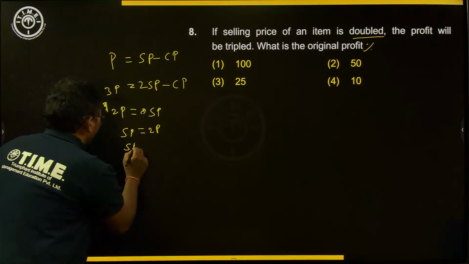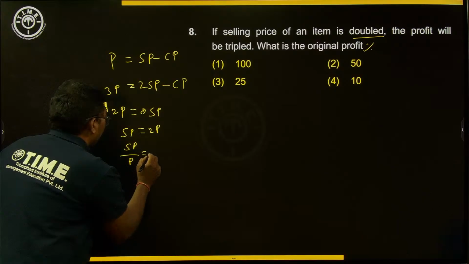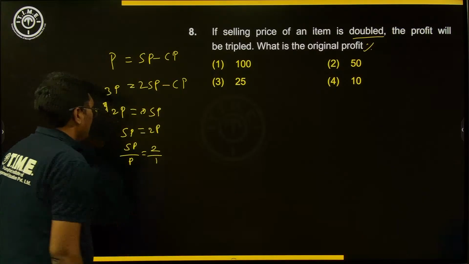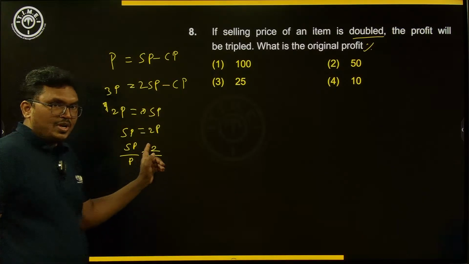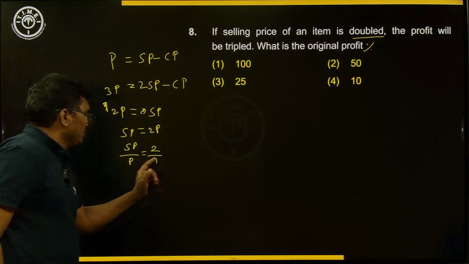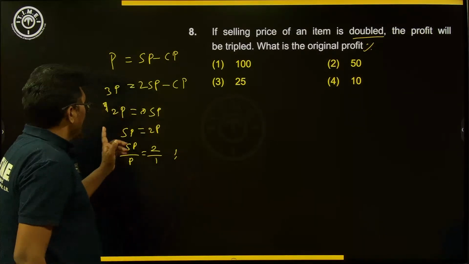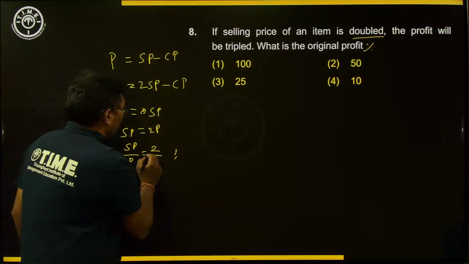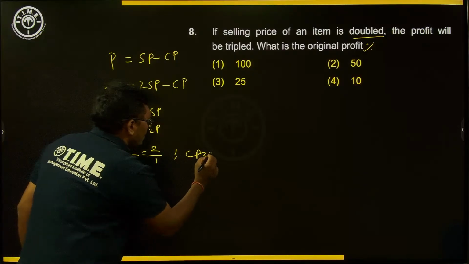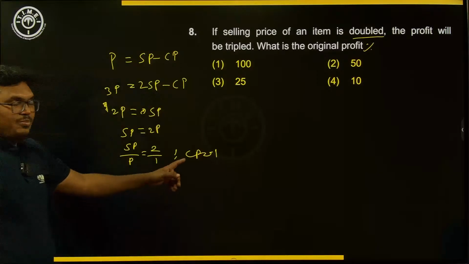So SP by profit, 2 by 1. Selling price is 2, profit is 1. That means what is CP? CP is SP minus profit, that means CP is equal to 1. So CP is equal to 1.